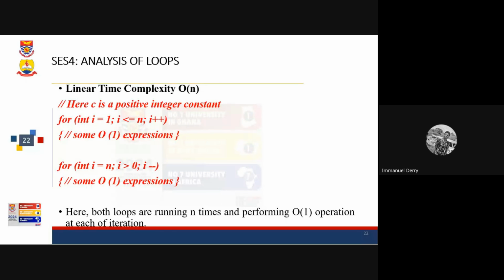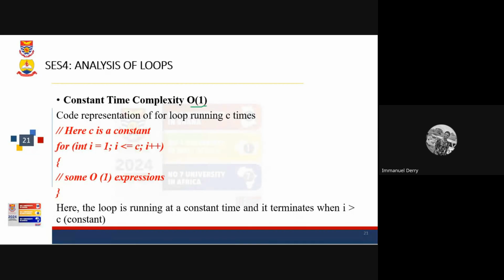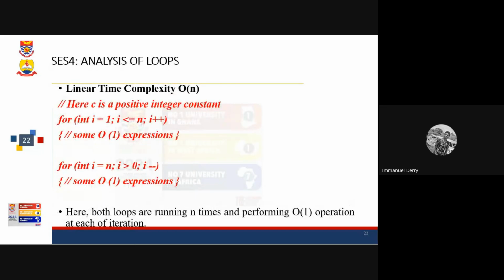Notice that in the earlier one, we said that C is a constant. But here, we don't know the number of times that these two loops are going to run. Therefore, we are representing it with an n. That's why we have the big O of n. So it means that both loops are going to run n times, each of them performing a big O of 1 operation.